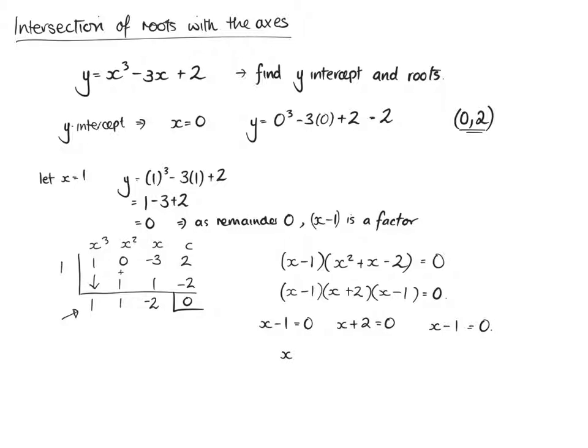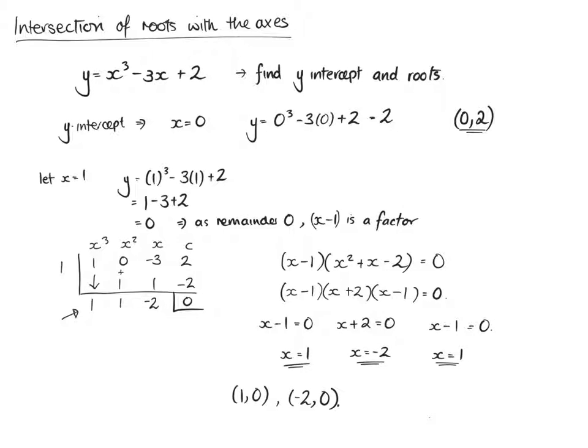So that gives us x equals 1, x equals minus 2, or x equals 1. So that means we have a repeated root. The points where it intercepts the x-axis are going to be (1, 0) and (minus 2, 0).